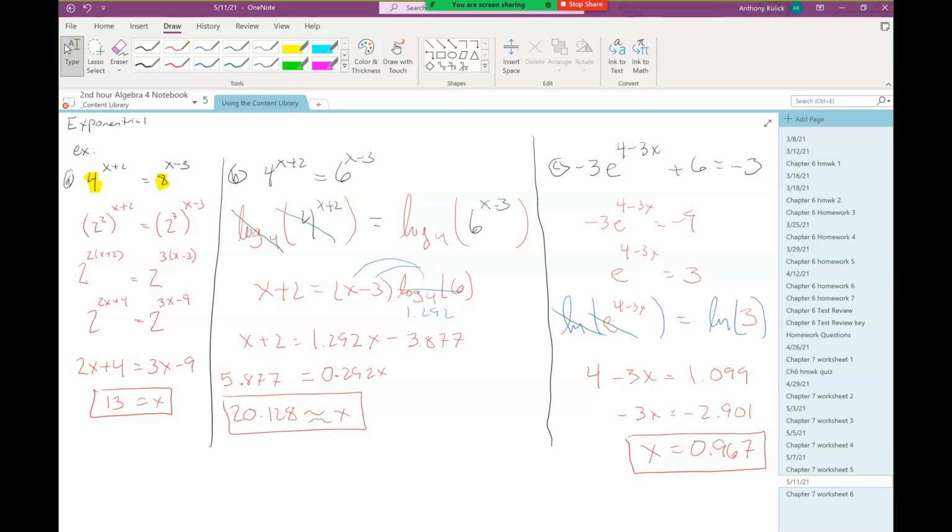In a case where it's not easy to rewrite them with the same base, you're really kind of stuck using a logarithm. The easiest way is to use the log base to match one of the exponential bases. But you don't have to. You could pick some other log and it'll still work out. So maybe a little bit more decimals rattling around in there, but it's not the end of the world.